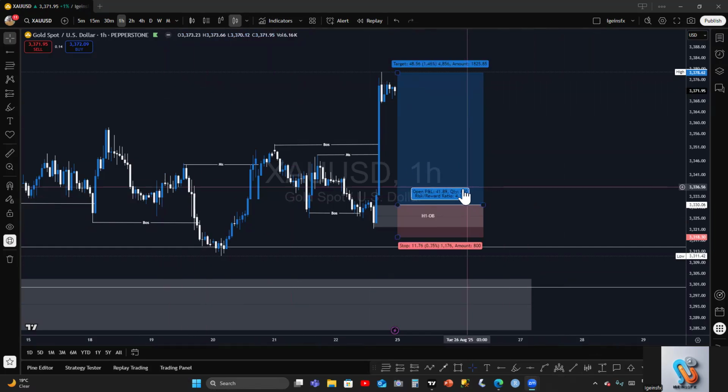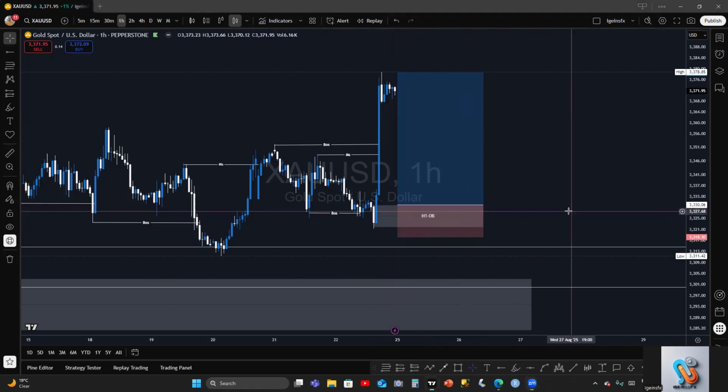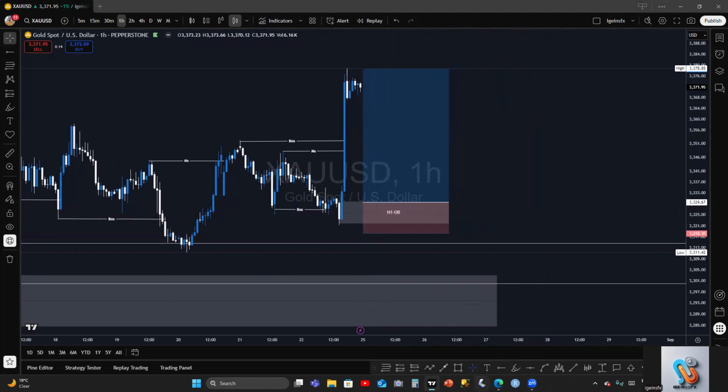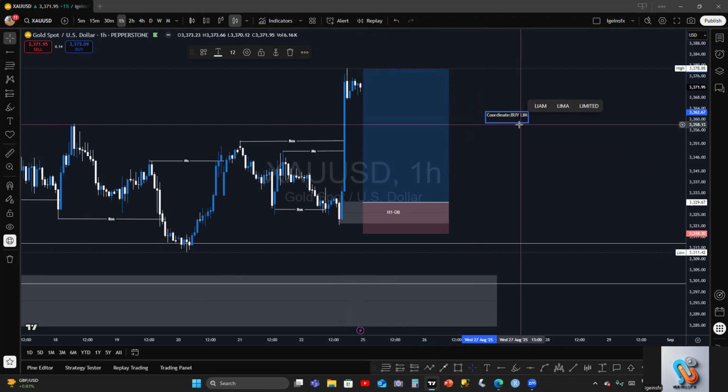So as far as the 1 hour time frame is concerned, you can set your pending order here like this, and let's put the coordinates. We are going to set a buy limit order.